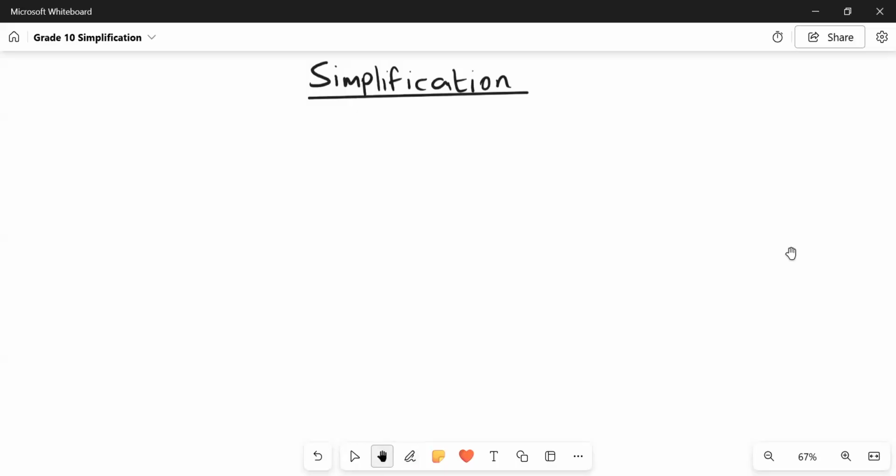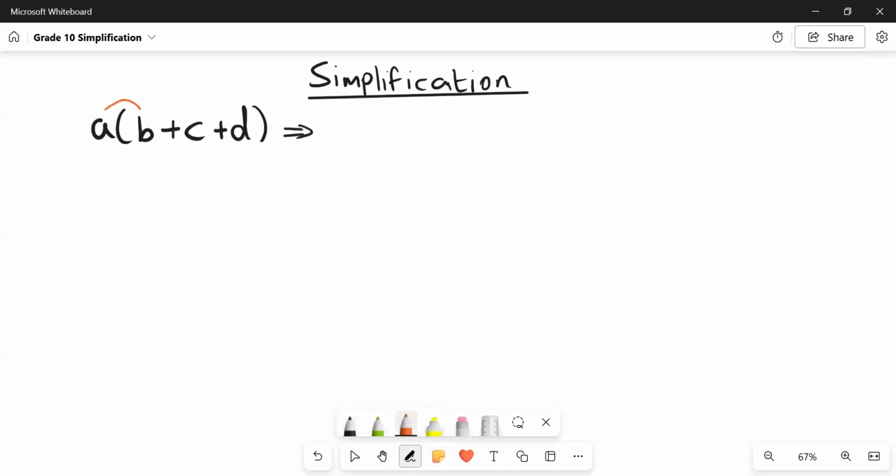So the law itself says if you have A, and inside the bracket we have B plus C plus D, then this should be equal to... The law is about distributing the term in front of the bracket across all the terms inside the bracket.